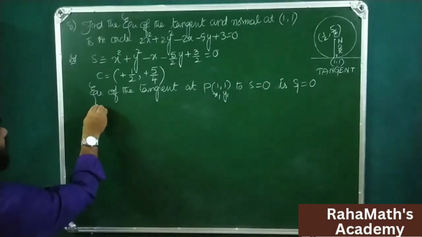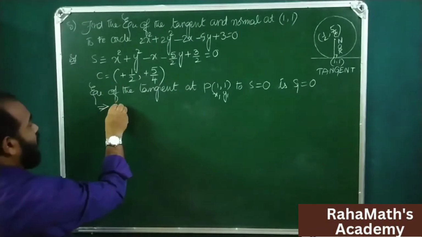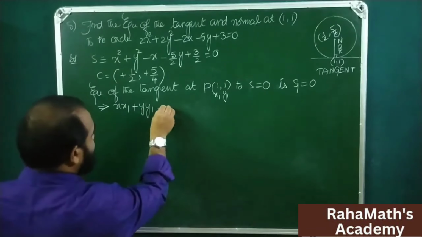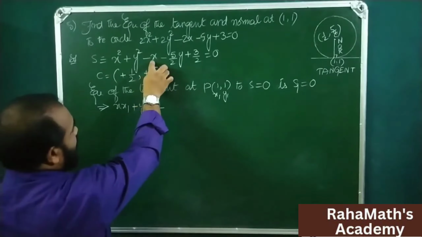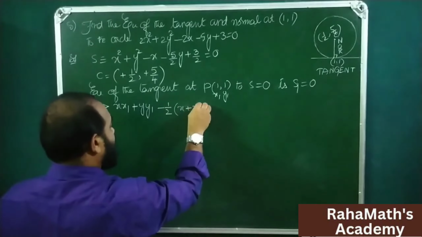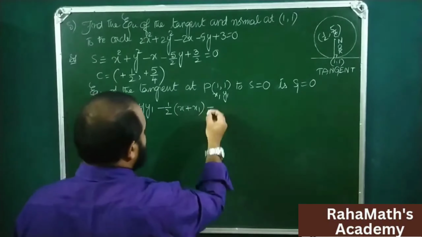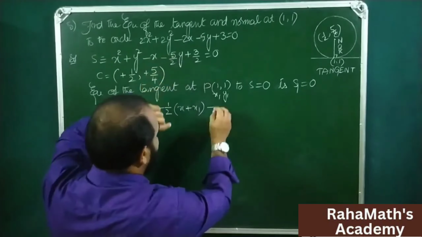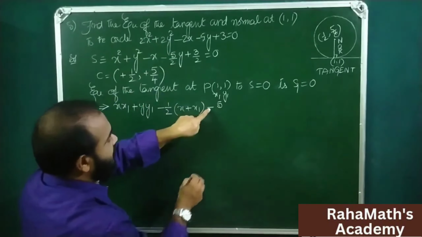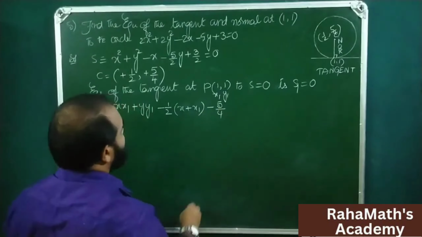That implies x x1 plus y y1 minus the x coefficient half of that, so 1 by 2 into (x plus x1), minus the y coefficient half of that, 5 by 2 by 2, 5 by 4. The constant term remains unchanged. The sign remains unchanged.